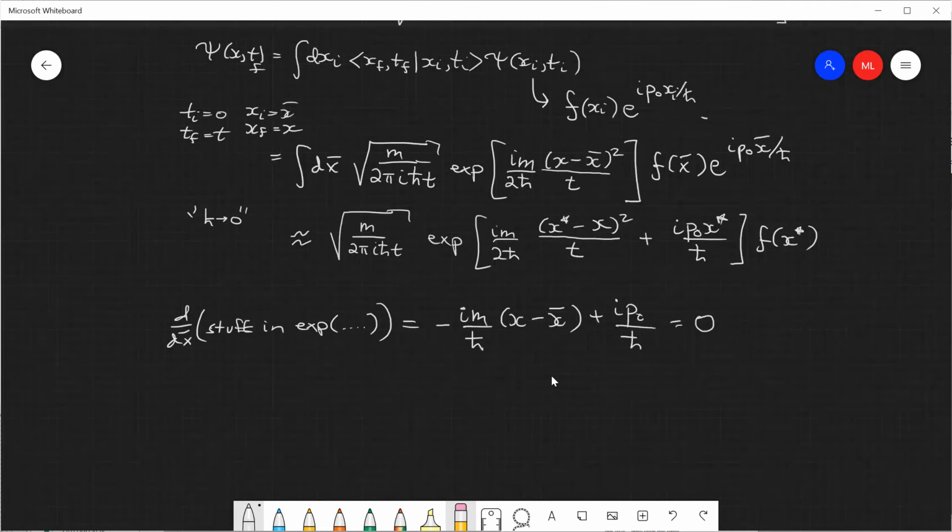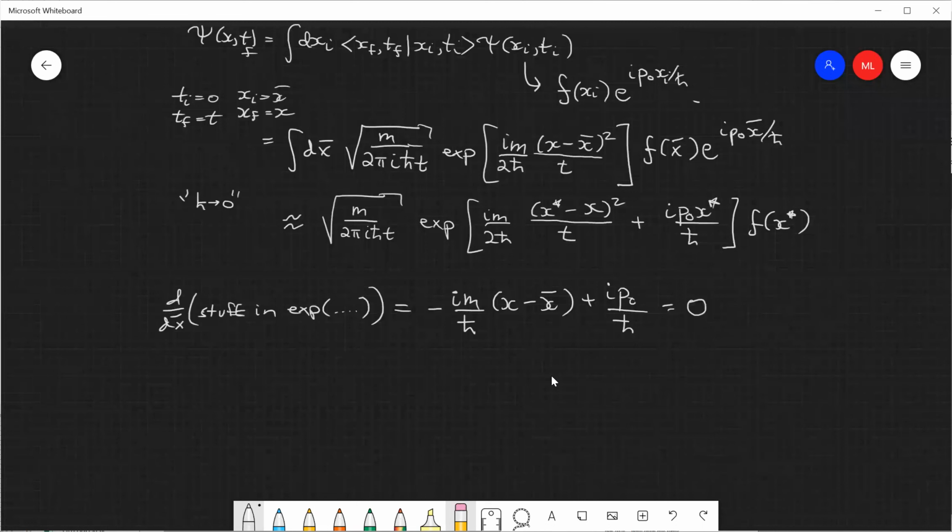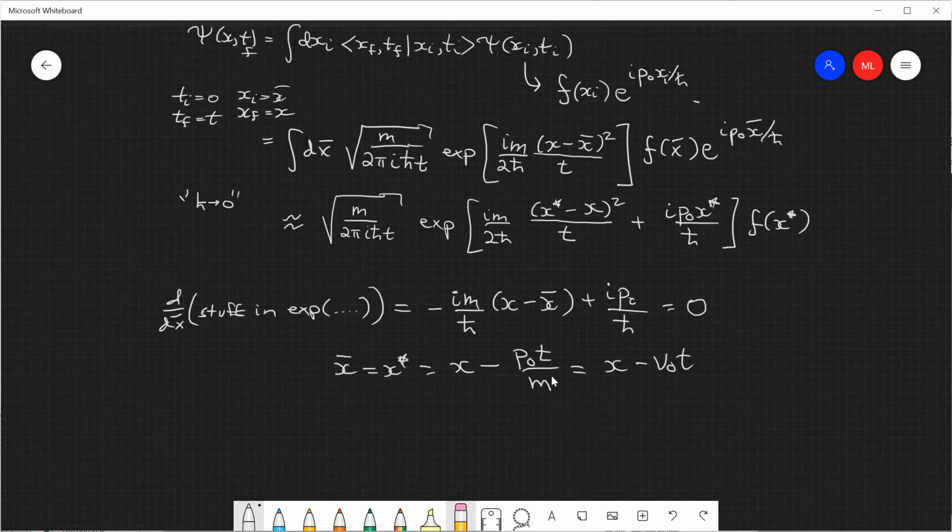Well, that's very easy to solve. X bar here, which is now x star, the stationary point, is equal to x minus p naught t over m. And if you look at this, this is nothing but another line.